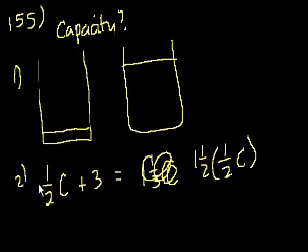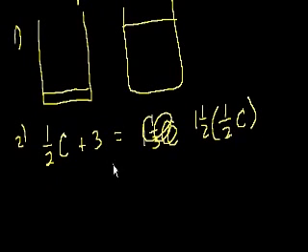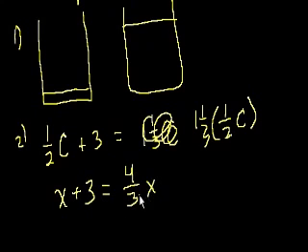That makes sense? We're starting with half of our capacity, and we're adding 3 liters. And they're saying that will increase the amount we have by 1/3. Let me write that. Let's say we start with x, and we're adding 3 liters. They're saying that will equal 1 1/3, or 4/3 times x, right?